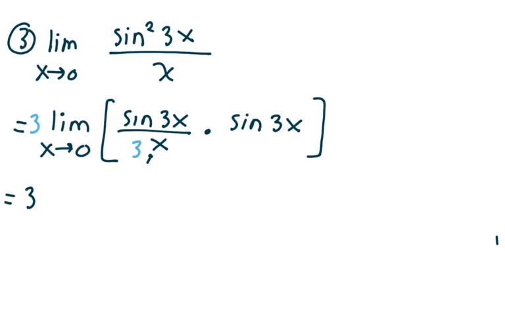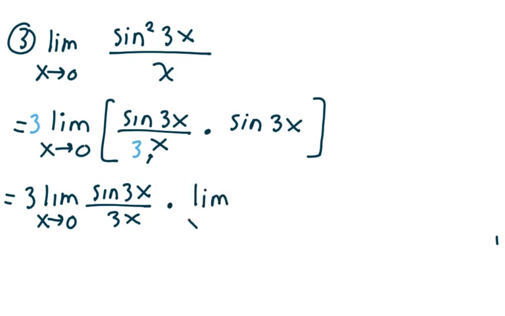So this is 3 times the limit as x goes to 0 of sine 3x divided by 3x. And I'm going to multiply by the limit as x goes to 0 of sine 3x.